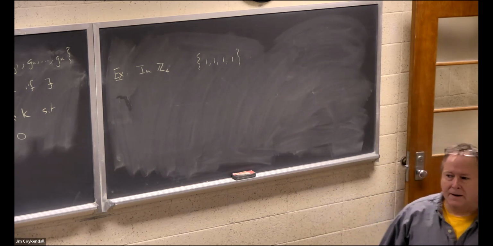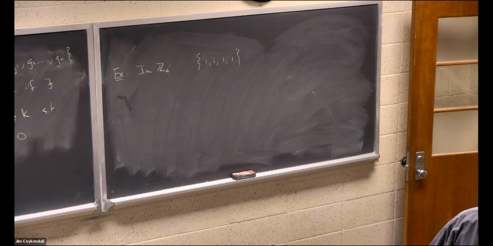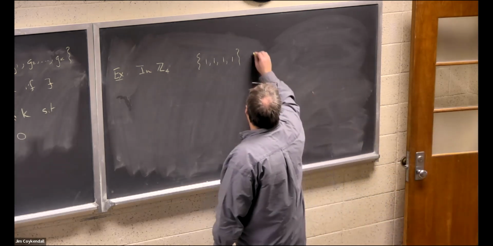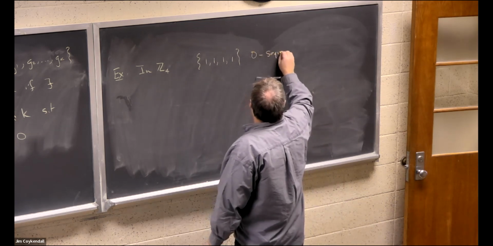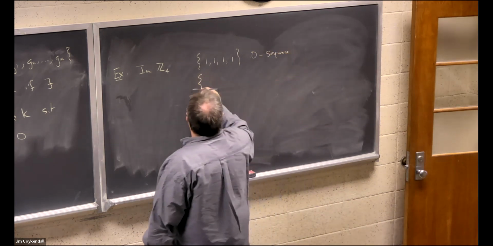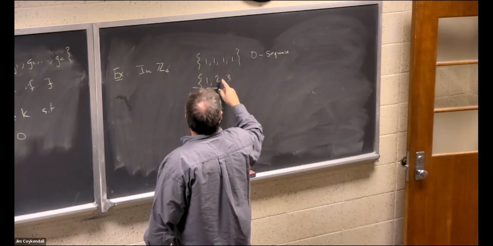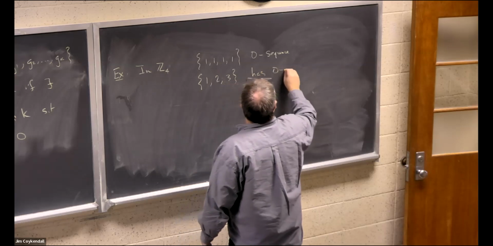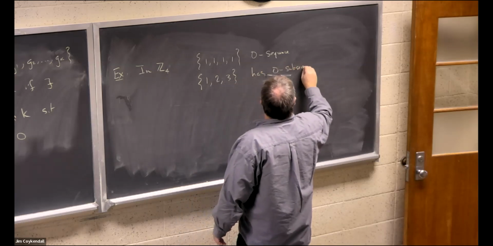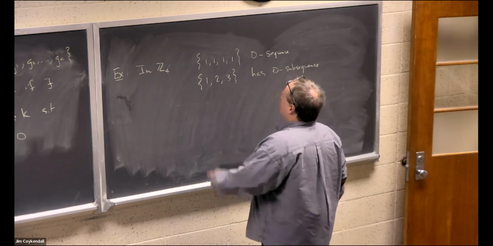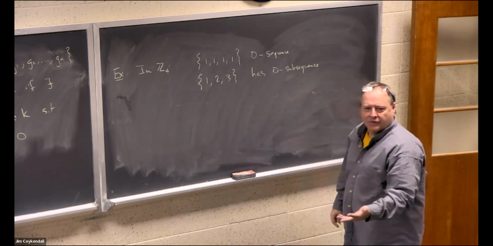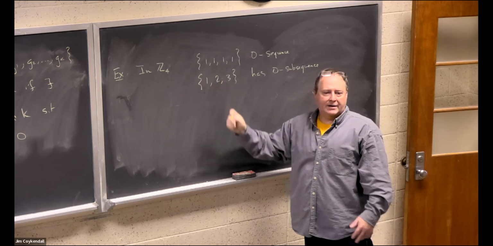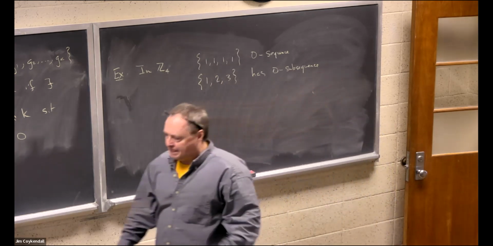It's in Z4. But it has no proper zero subsequence. If you look at 1, 2, 3, this sequence right here is not a zero sequence because it actually sums to 2 mod 4. However, certainly 1 and 3 add to 0, so it has a zero subsequence.